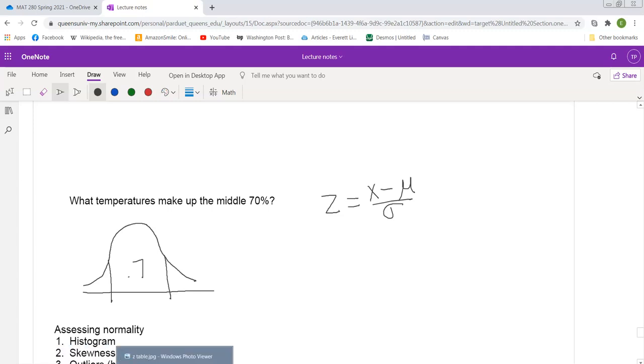So we're looking for the middle 70%. The middle 70% means that we've got 0.15 in each tail. So we are looking for 0.85, because that's this 0.7 plus this 0.15.